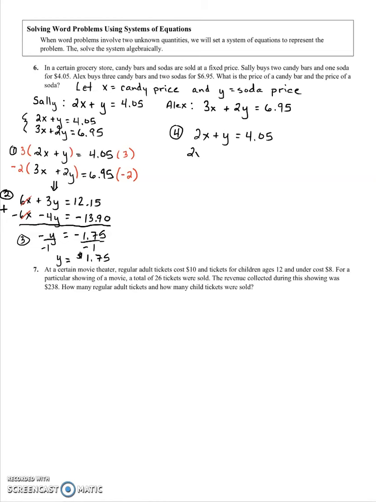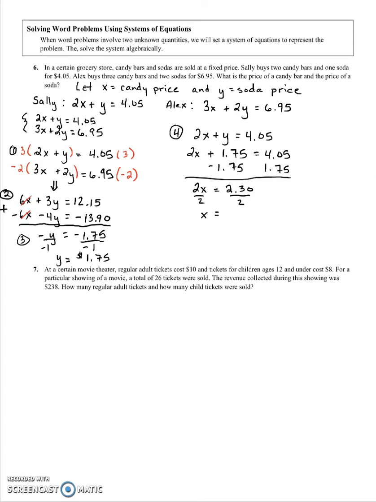And so I'm going to put $1.75 in for y, so plus 1.75 equals 4.05. So subtract $1.75 from both sides, and we get $2.30, and then we divide both sides by 2, and we get x, the cost of a candy bar, is $1.15.